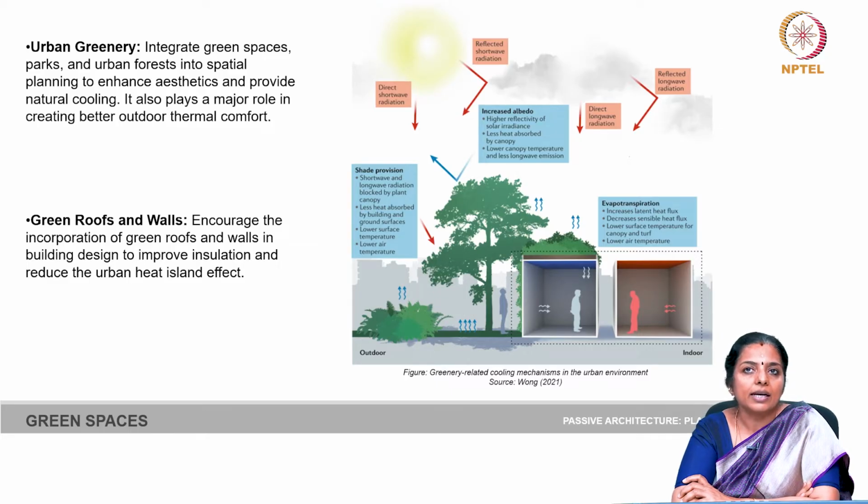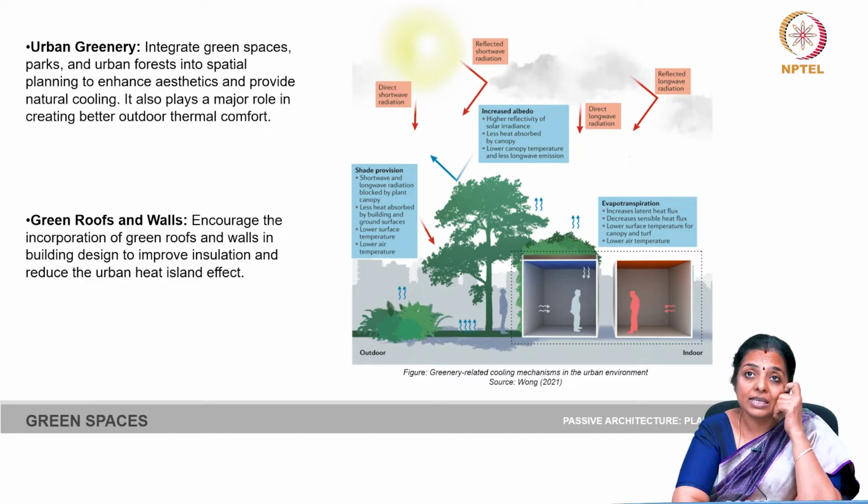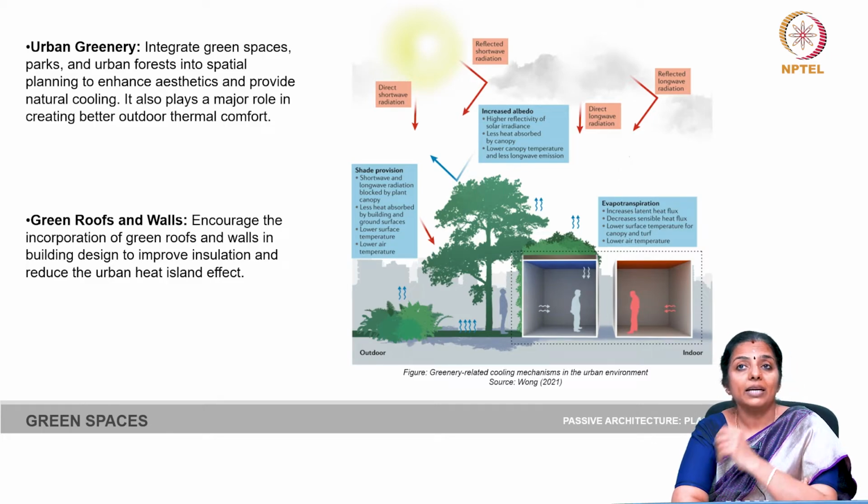Now, integrating urban greenery. Urban greenery means it should include parks, green spaces, tot lots, playgrounds into spatial planning. It enhances not only the aesthetics of the place, but it provides a natural cooling effect and contributes to better outdoor thermal comfort.